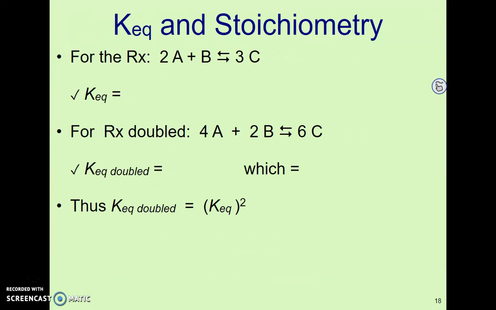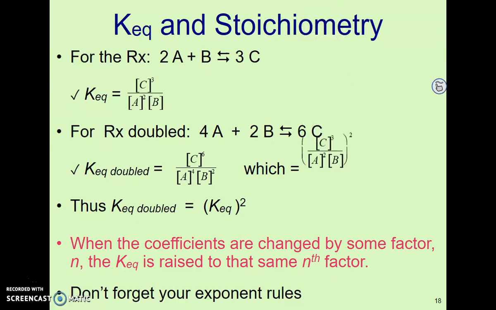Okay. Now, let's put everything on the screen. So here we have the K expression for this reaction, and then what we're doing here is we're doubling the reaction. So every coefficient is multiplied by 2. Again, let's say the K for this reaction was 6.